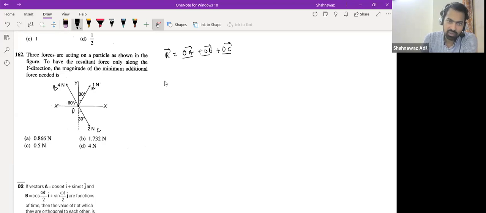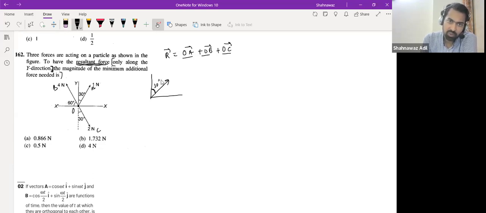So first, let us resolve OB. First, we will calculate this part, and then we will see the other information. So first, let us calculate OA. OA is this, and remember that it is making the angle with the vertical.